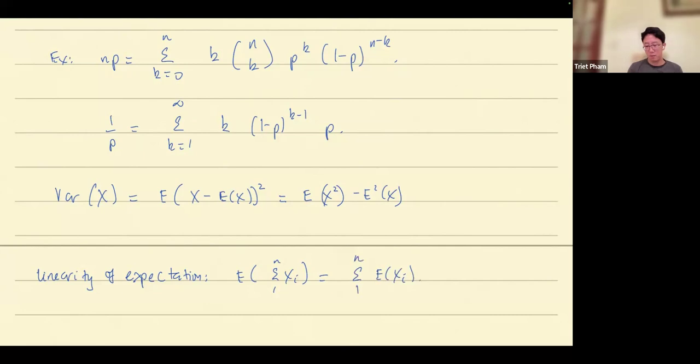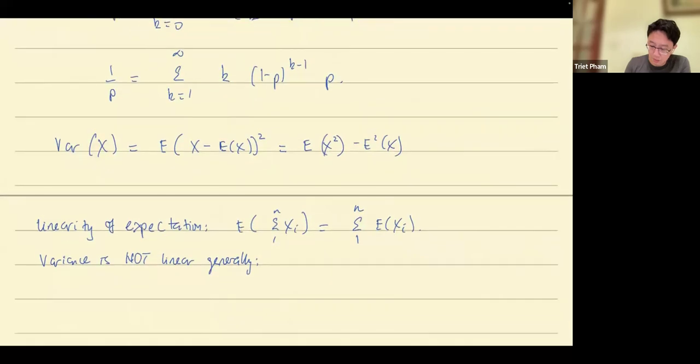So it's linear. On the other hand, the variance is generally not linear. In other words, the variance of a sum of random variables is generally not the sum of the variances.